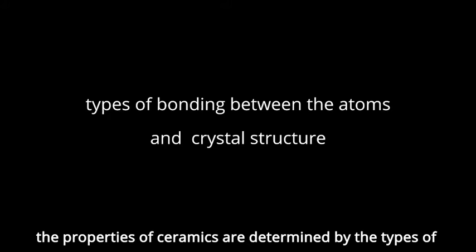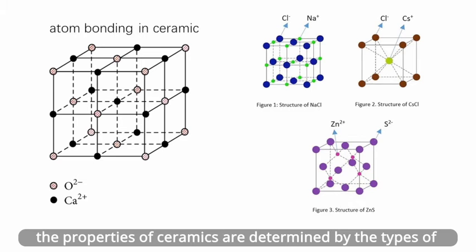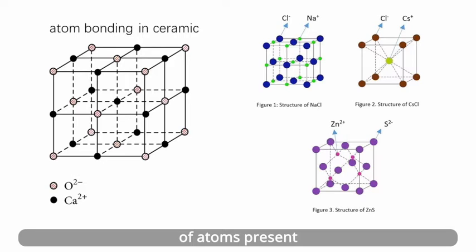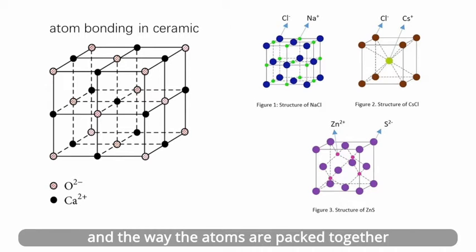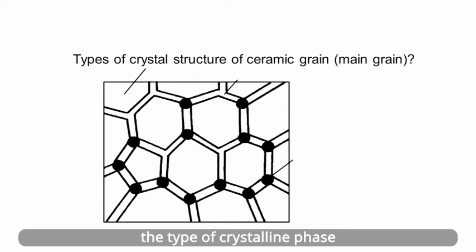Just like in every material, the properties of ceramics are determined by the types of atoms present, the types of bonding between the atoms, and the way the atoms are packed together. The type of crystalline phase, or the macrocrystalline phase, in advanced engineering ceramics determines the key properties of the ceramics.